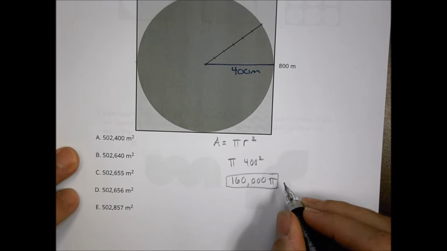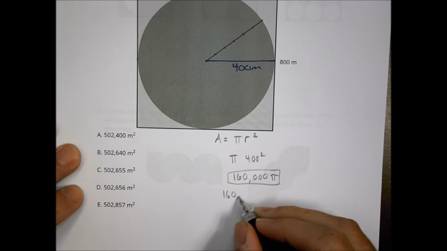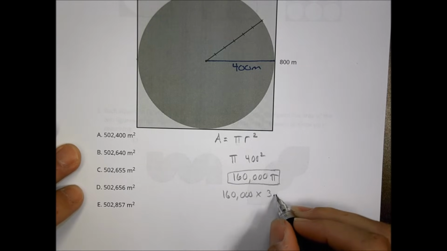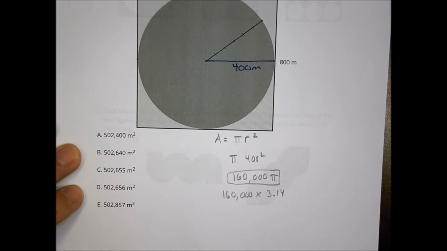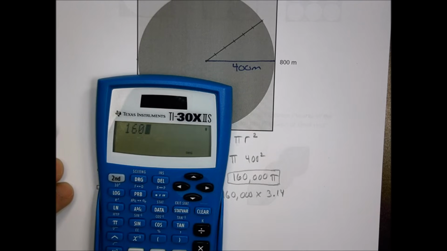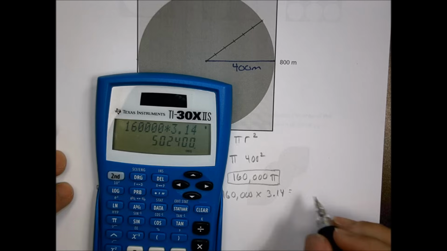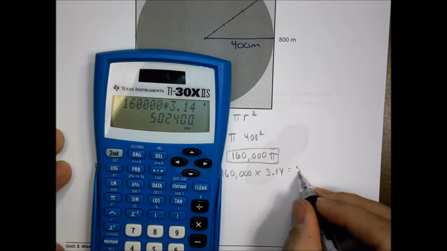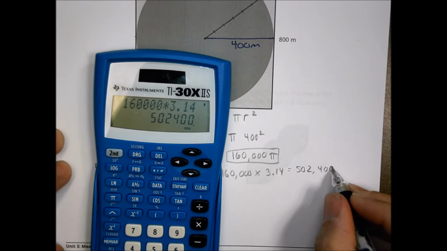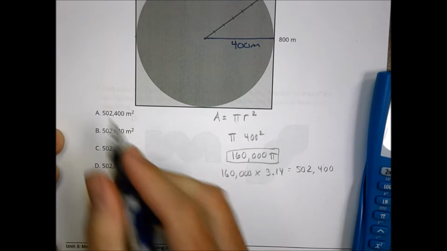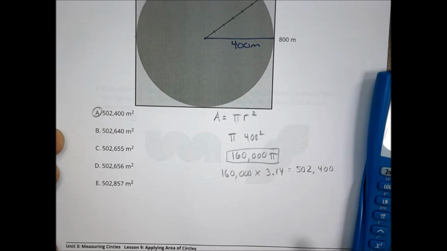If I do 160,000 times 3.14, I end up with 502,400, and that is choice A. That works out, looks great.